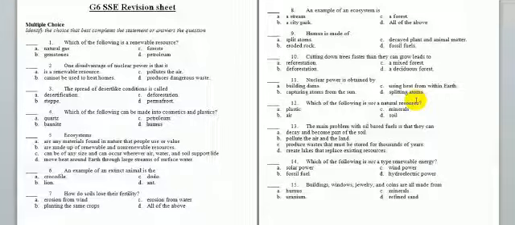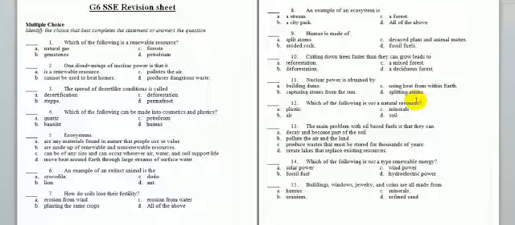Number 13. The main problem with oil-based fuels is that they can pollute. As I told you guys before, the positive thing about oil is that we can take a lot of energy from it, and we can produce from it a lot of products, but it has a negative thing, that it pollutes the air.